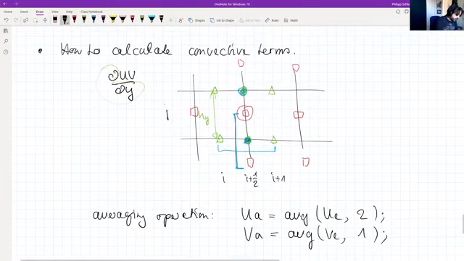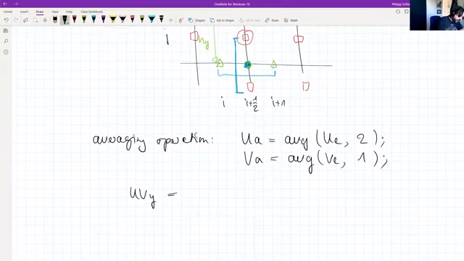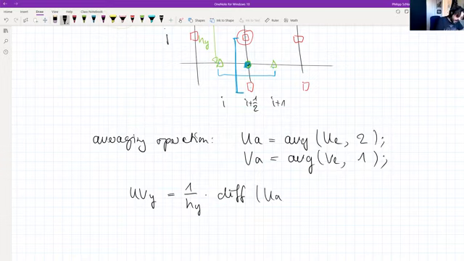If I want to now do this term, I can just simply write, well, uvy would be 1 divided by hy times somehow a difference operation. And in this case, I can also use a MATLAB function which is called diff of UA multiplied pointwise with VA.